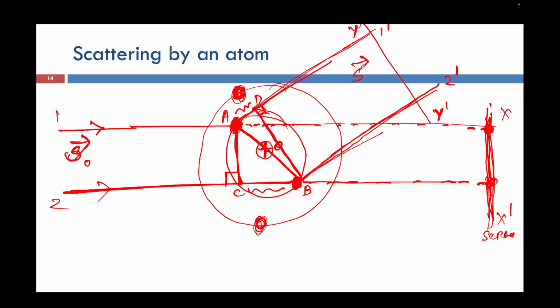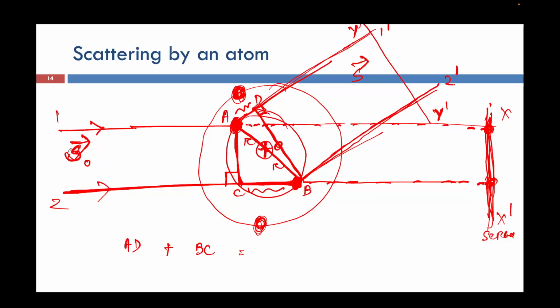Whatever path difference I have between these two beams, AD is a path difference and then BC is a path difference, right? So this will be the total amount of path difference between the two beams, right? How will I calculate this, and this is R, okay?